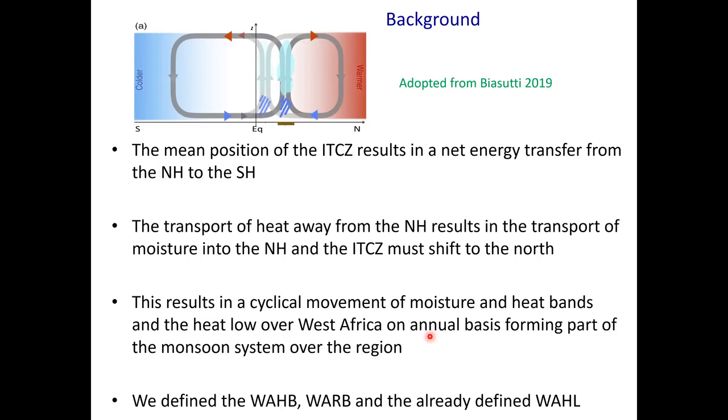So for the first time, I tried to develop, or define, what we call the West African heat band and then the West African rain band, and then added them to the already defined West African heat low to assess or evaluate the climate models on these three processes.